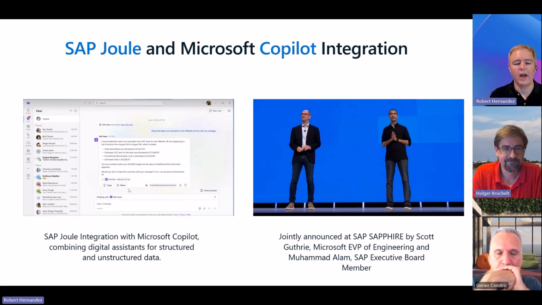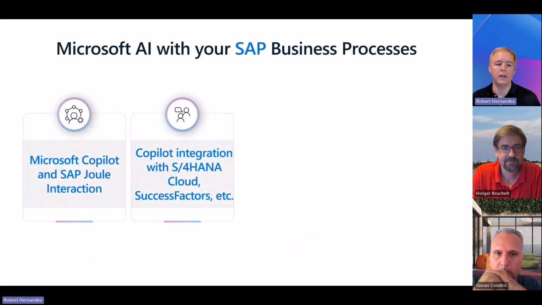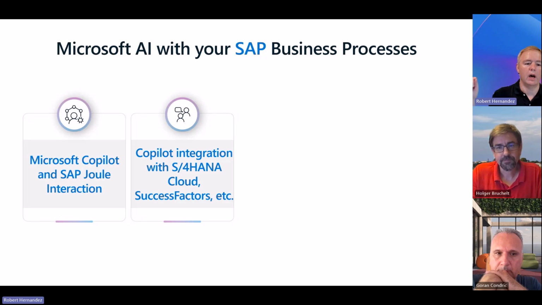That's the first piece: utilizing SAP Joule, connecting it to Microsoft Copilot, and utilizing those two together to bring together the two pieces. Now, the other piece that I believe you talked about last week in episode 201 is utilizing Microsoft Copilot, specifically with S4, but it does work with SuccessFactors, et cetera.